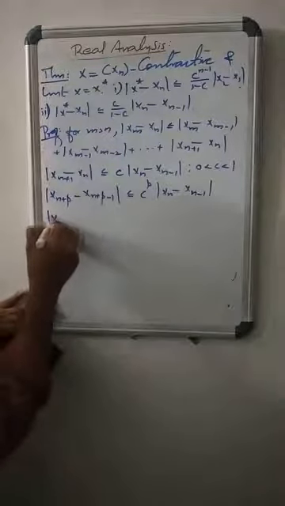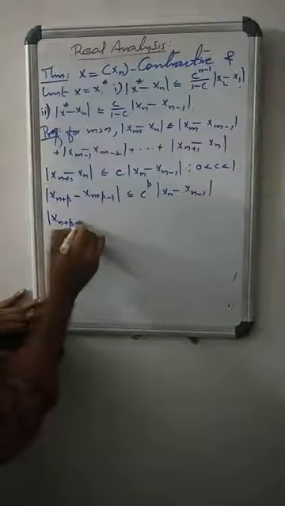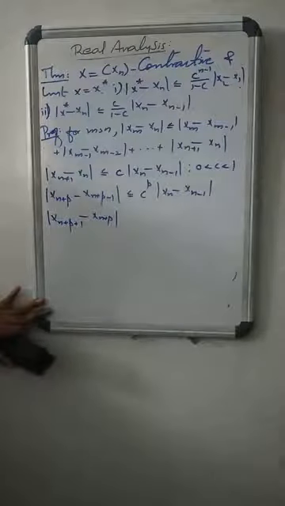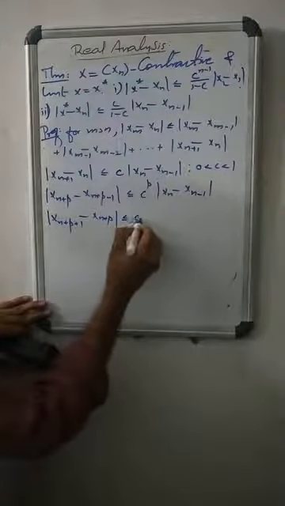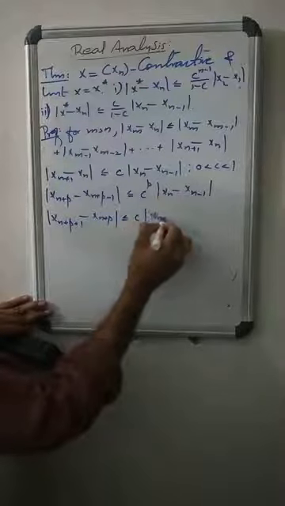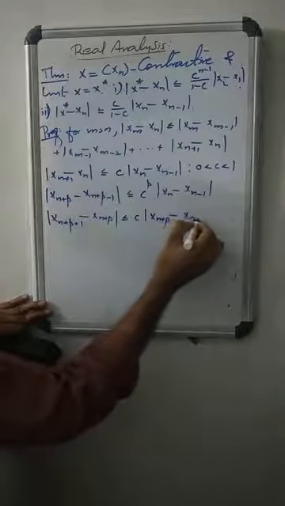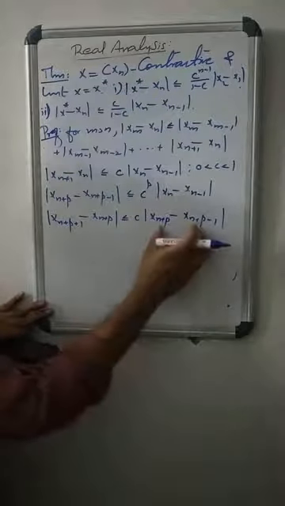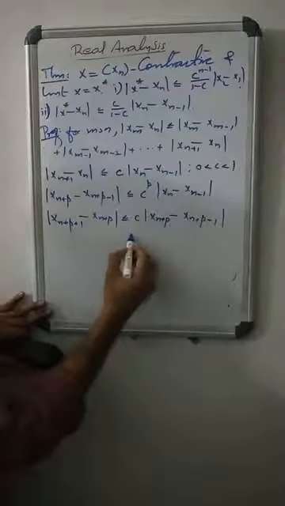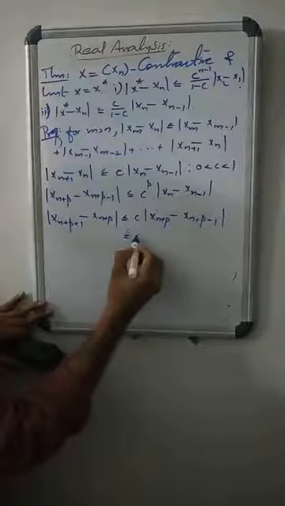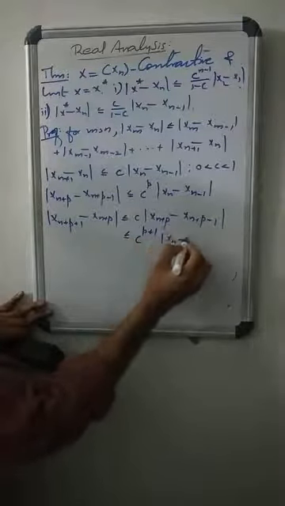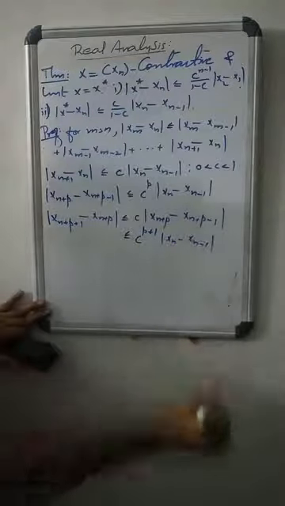Now to prove the result is true for k equals p plus 1, consider modulus of x_{n+p+1} minus x_{n+p}. It is less than or equal to c into modulus of x_{n+p} minus x_{n+p-1}, since it is contractive. What about this one? It is less than or equal to c into c^p, that is c^{p+1}, into modulus of x_n minus x_{n-1}.